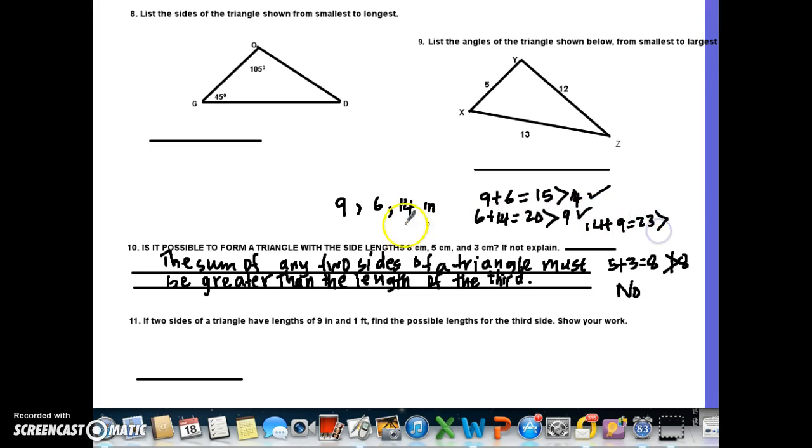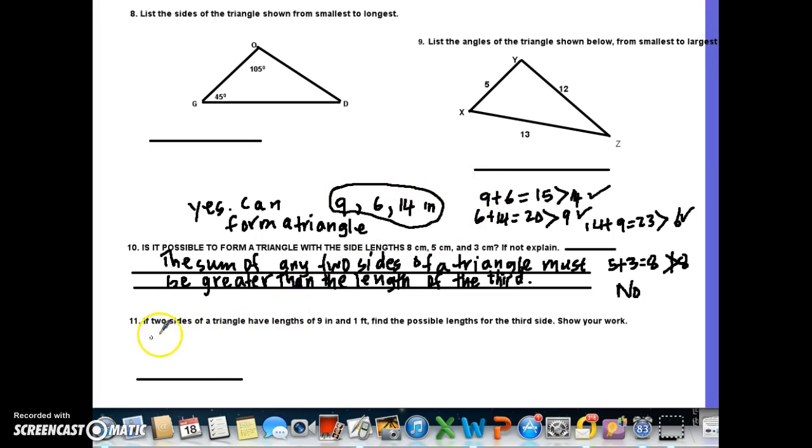And that's going to be greater than the third side, 6. They all check out. So you'd say yes, meaning these side lengths can form a triangle. So that would be for the side lengths 9 inches, 6 inches, and 14 inches.